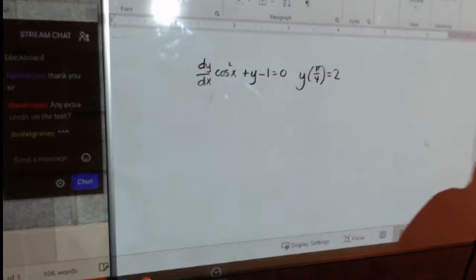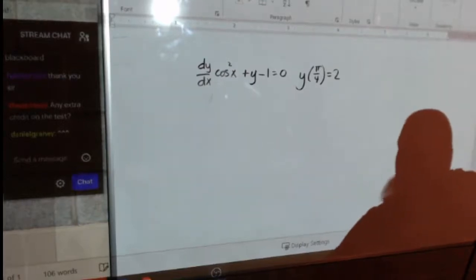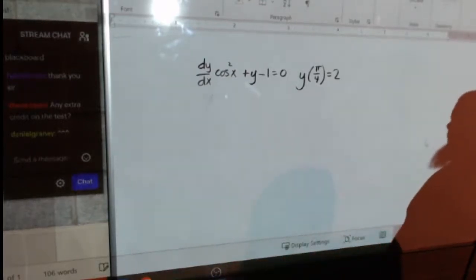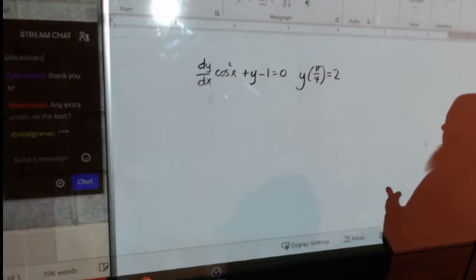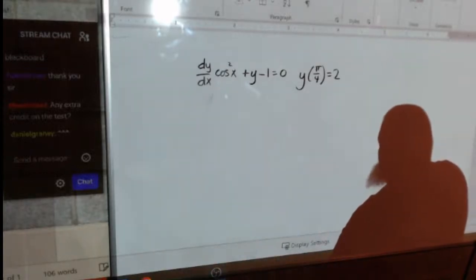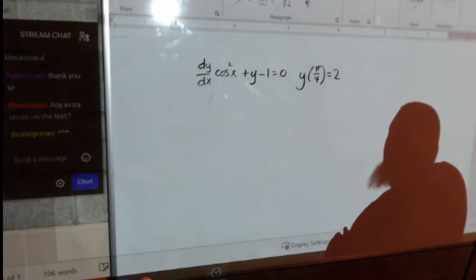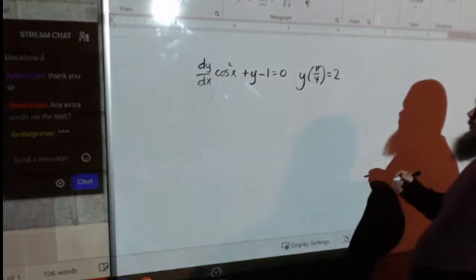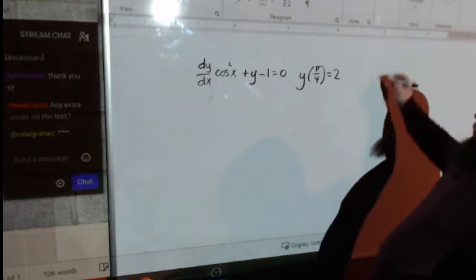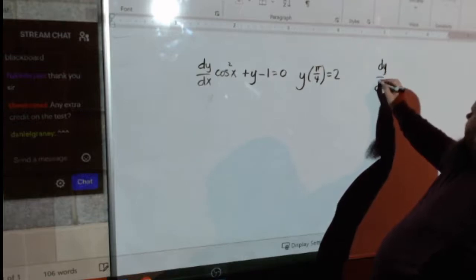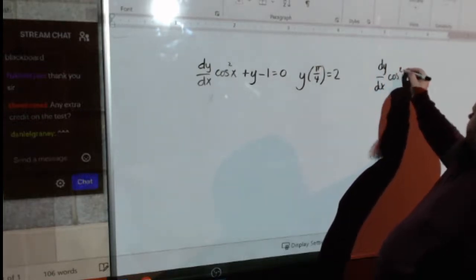So let's say I gave you this differential equation. You would think to yourself, well, can I separate it? Actually, I think you can. So let me just show you this. dy dx cosine squared x.